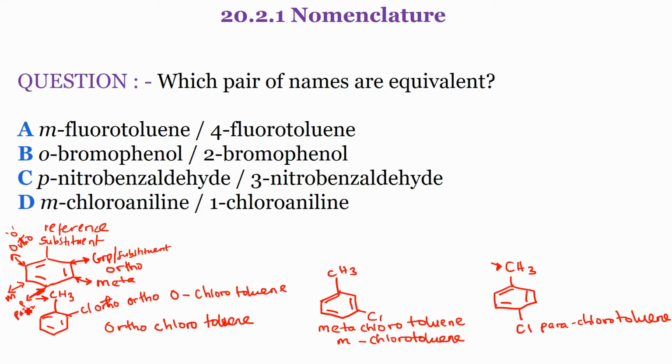We use a p. Otherwise, just write it as p-chlorotoluene. So now, which pair of names are equivalent? Find the answer.